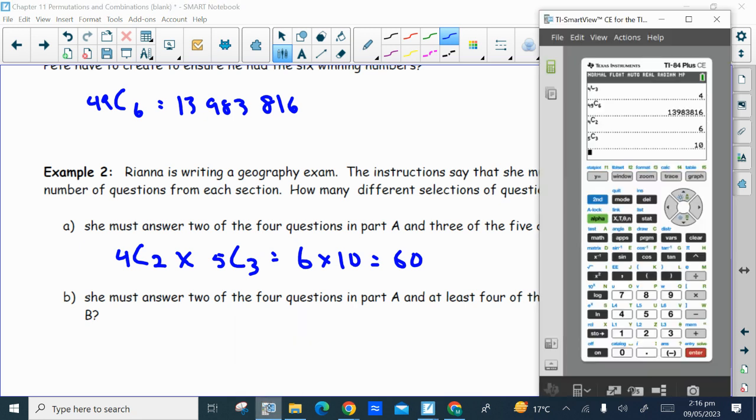Like I said, you can put this whole thing in at once if you want. There's 4C2. You just have to move the arrow to move it over from the 2 where it's written as a subscript, and then it's 5C3. So 4C2 times 5C3.